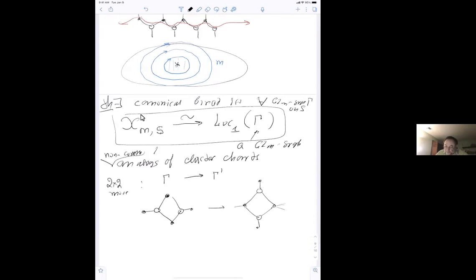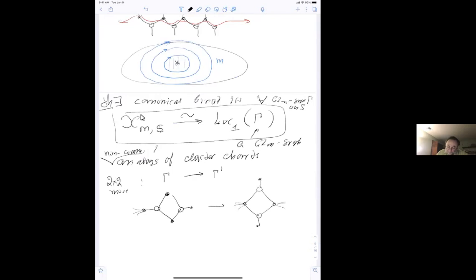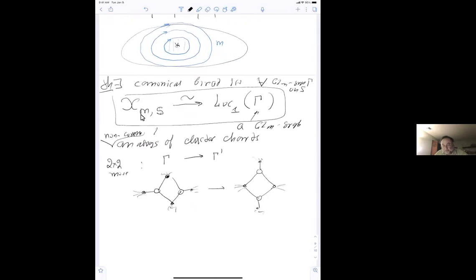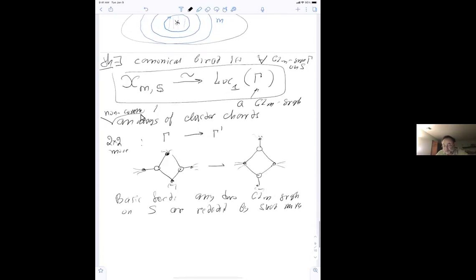The rest is the same. And there is a basic fact that any two GLM graphs on S are related by a sequence of such moves.